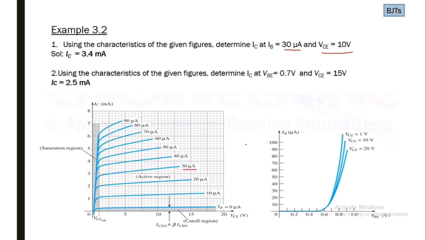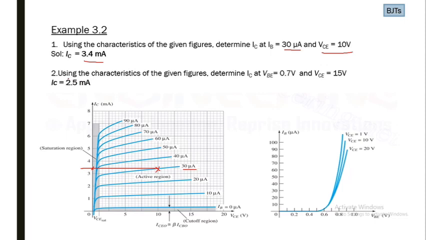For VCE equal to 10 volt, we are on this line. This is actually this point. We have to find IC. By the graph we can find IC here, which is 3.4 milliampere.